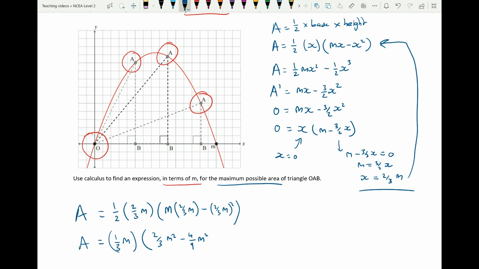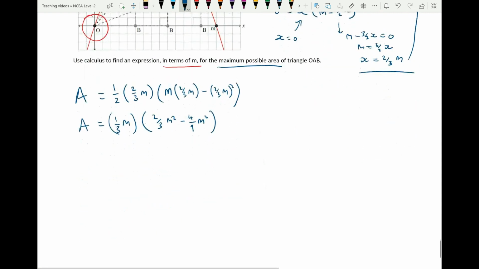So to square brackets, square the top, square the bottom. If in doubt, you could do just 2/3 times 2/3, so that's 2/3 squared. And then notice both of those are m squareds in that bracket, so I'm not going to expand just yet.